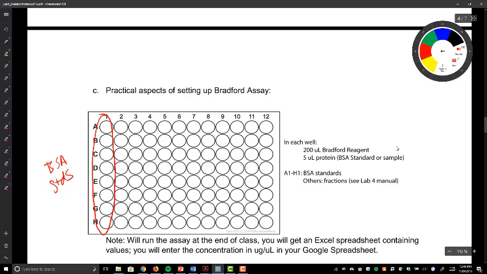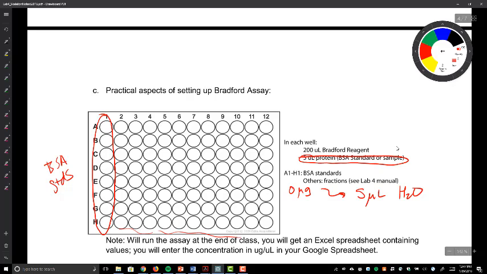When you have your 0 microgram sample, make sure when you're calculating how much BSA to add that you're adding a total of 5 microliters of water as well. In all the other wells, when you're tracking your fractions, you're going to add 200 microliters of Bradford reagent and then 5 microliters of protein. To ensure that all of your wells are the same volume and therefore have the same path length, you want to add the same amount of volume in the standards as well as in the samples.